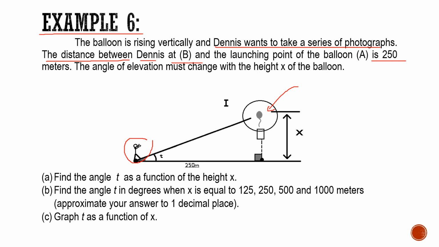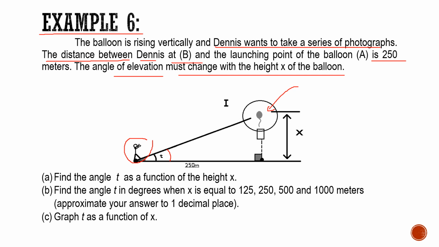So the angle of elevation must change with the height x of the balloon. If this is your angle of elevation, the values of your angle of elevation will be dependent on the height of the balloon. Because if the height of the balloon increases, automatically the angle of elevation also increases.